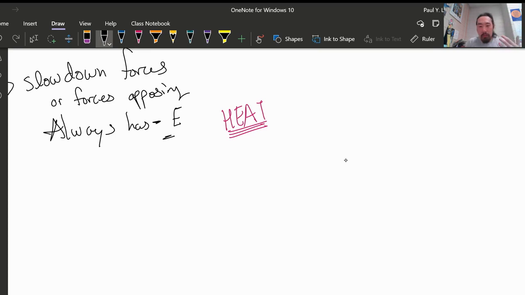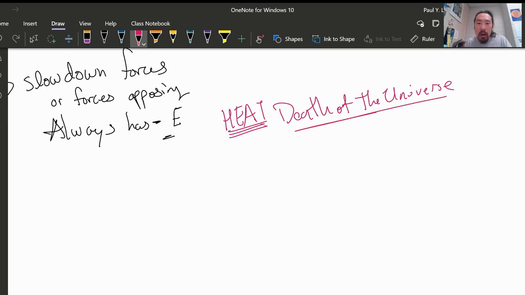And that idea is what we call the heat death of the universe. It's one of those fundamental laws that tells us that eventually the universe will run out of usable energy, all because it's just in the form of heat. And this is what we call entropy.